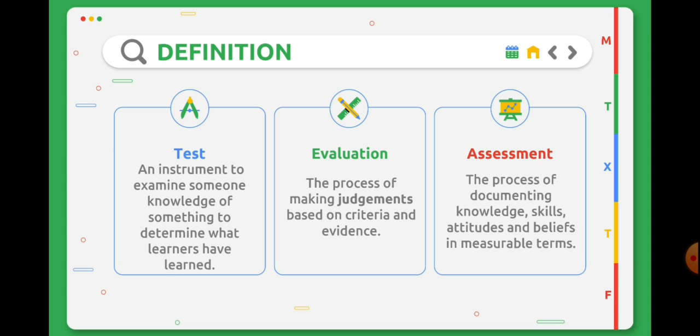And then assessment is the process of documenting knowledge, skills, attitudes, and beliefs, usually in measurable terms. The goal of assessment is to make improvements as opposed to simply being judged. In an educational context, assessment is the process of describing, collecting, recording, scoring, and interpreting information about learning.